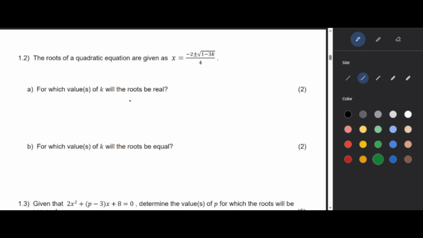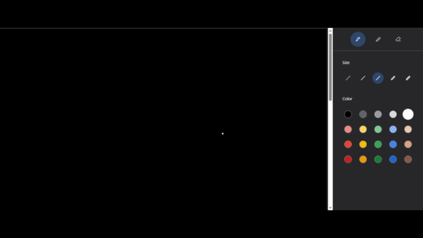I think I can show you guys something very interesting about the nature of the roots. And if you get this right, I don't think you're going to have any problems when it comes to the nature of the roots. Okay, grade 11s, I'm just going to make this easy and simple for you to understand.